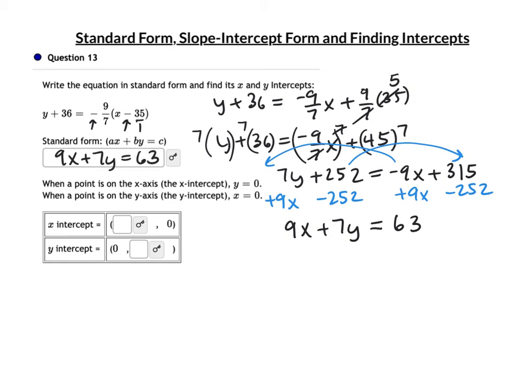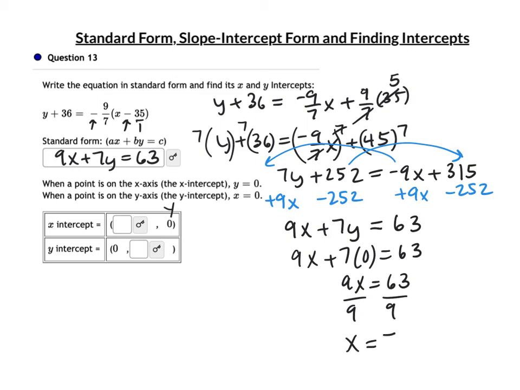Let's find the x-intercept. For the x-intercept, I know that y is 0. That's 9x plus 7 times 0 equals 63, or 9x equals 63. Divide by 9, and x equals 7. Now let's find the y-intercept.